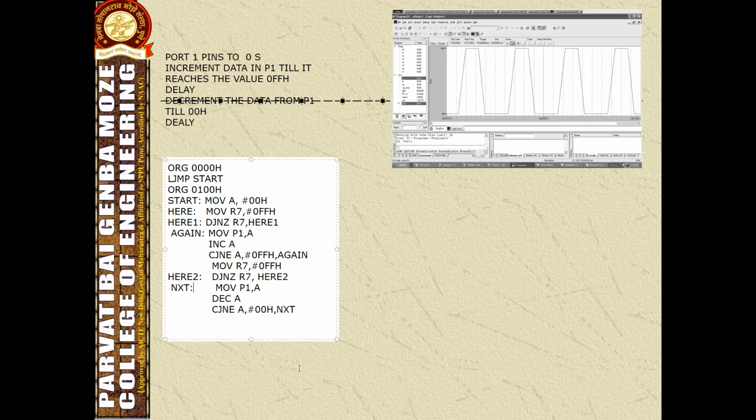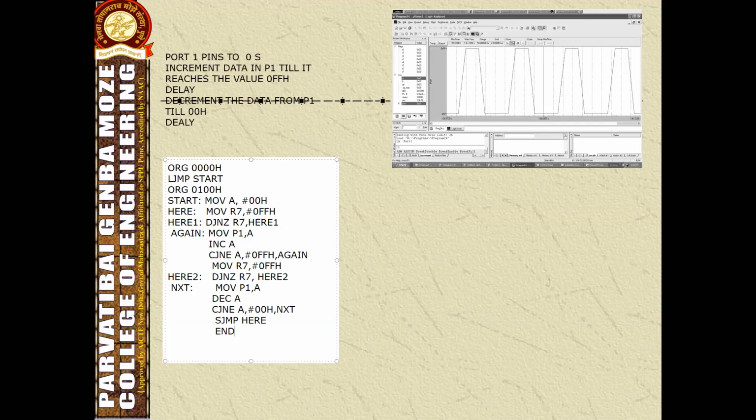After decrementing, whatever value A holds will be loaded into P1, then it decrements again. Then it will check, and the same procedure will continue until the A value is equal to 00H. After that, if both values are equal, it will jump here to continue the same operation.